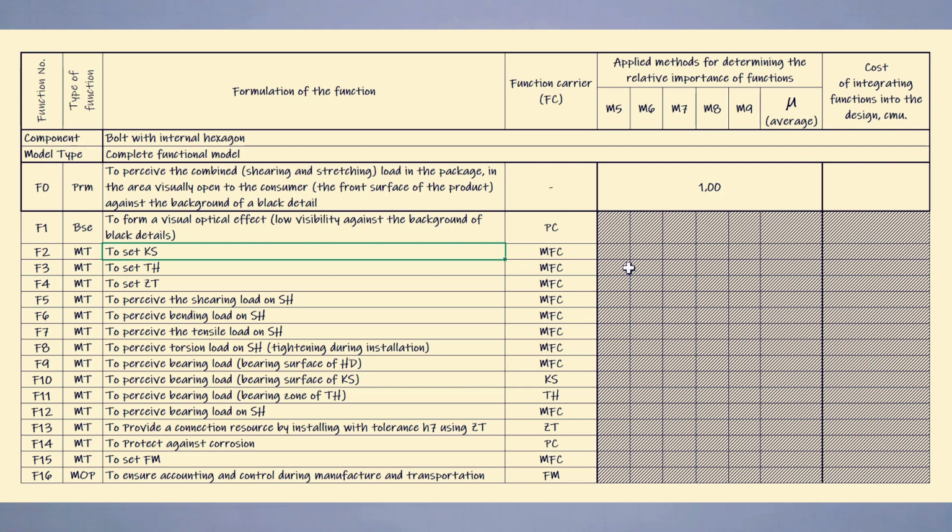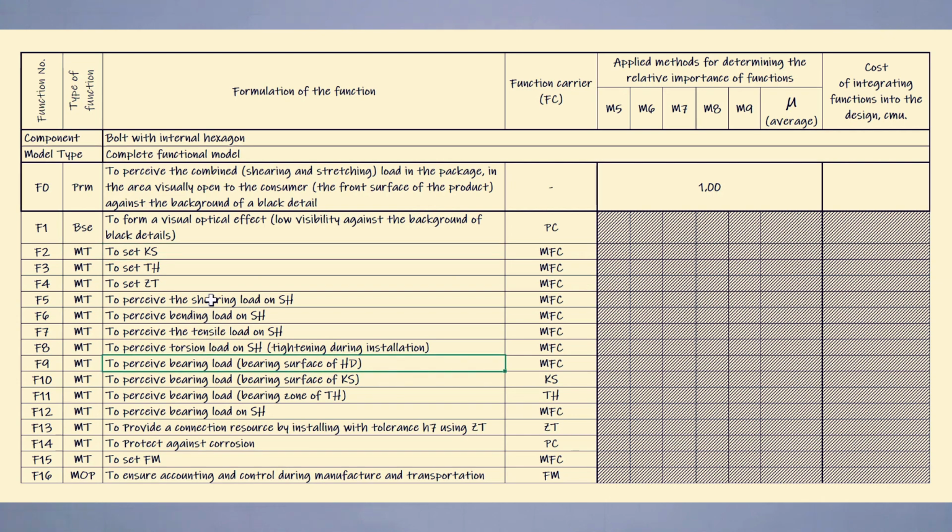At the same time, the function connecting the carriers of functions to each other and transferring loads refers to the main technical and operational functions. An example of the formulation of which may be "perception of the shearing force acting on the ball."